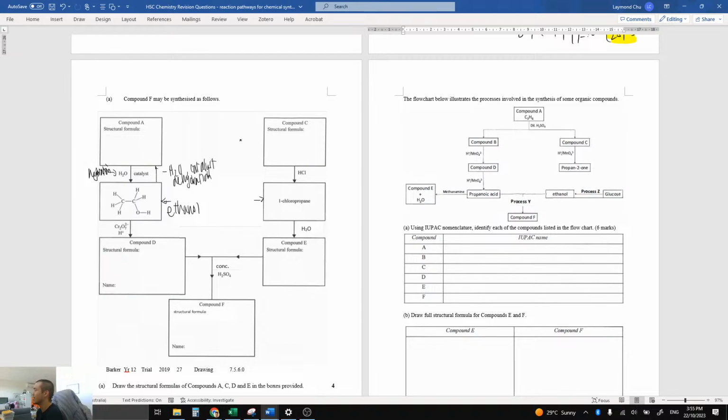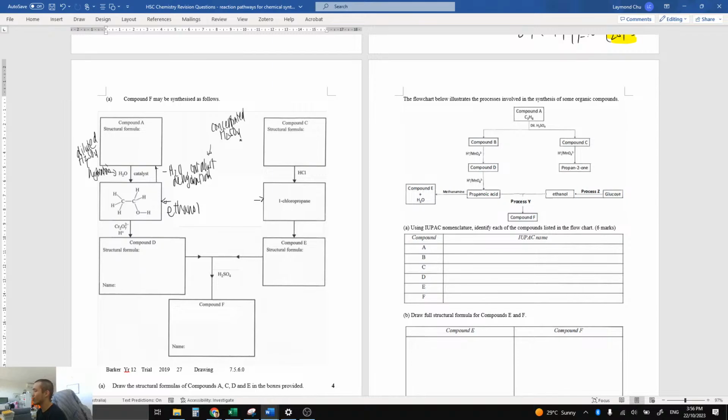Now the catalyst, you might know this: the catalyst for dehydration is concentrated H2SO4, and our hydration catalyst is dilute. This one's a no-brainer. Use a bit of logic here.